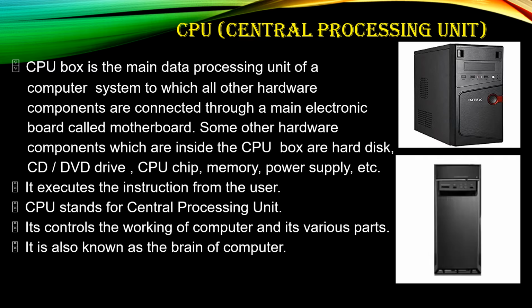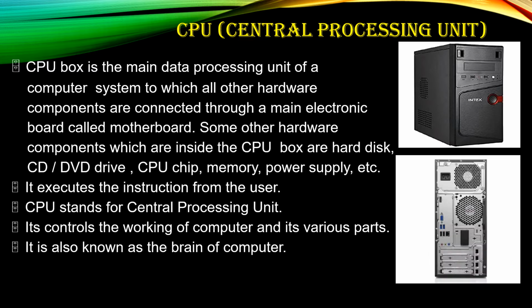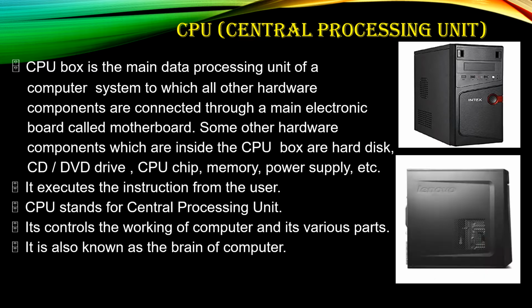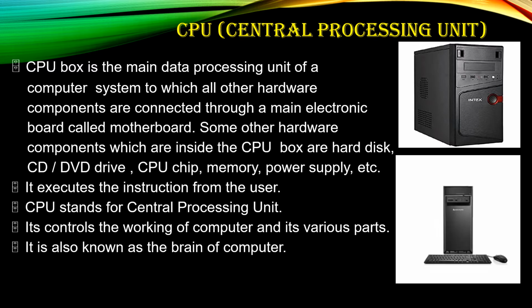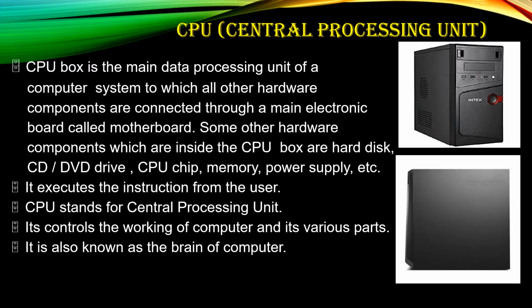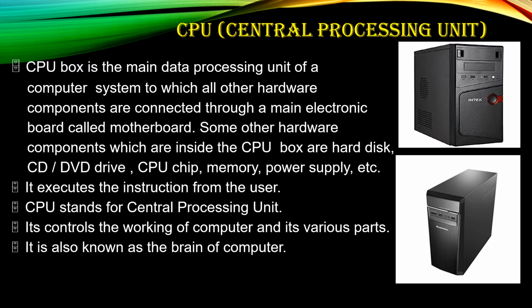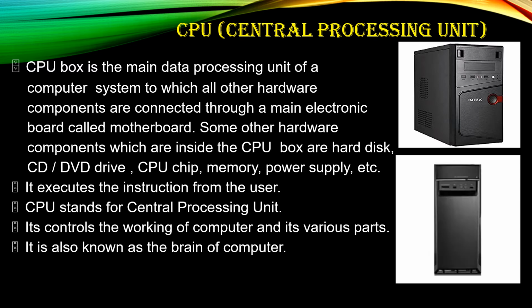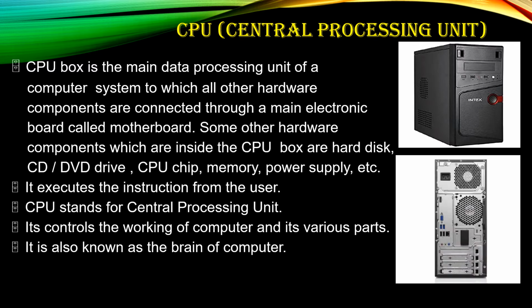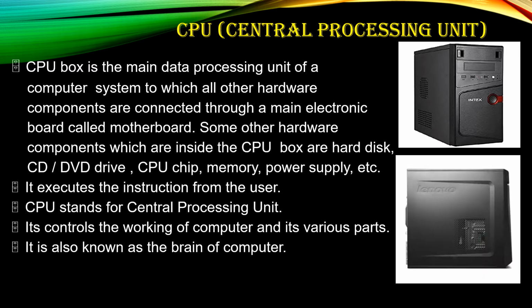CPU, Central Processing Unit. The CPU box is the main data processing unit of a computer system to which all other hardware components are connected through a main electrical board called the motherboard.